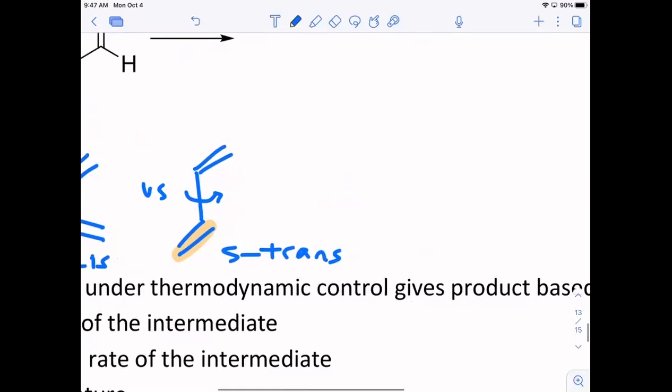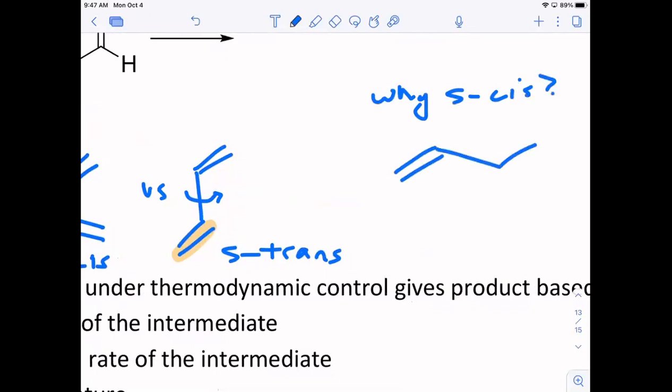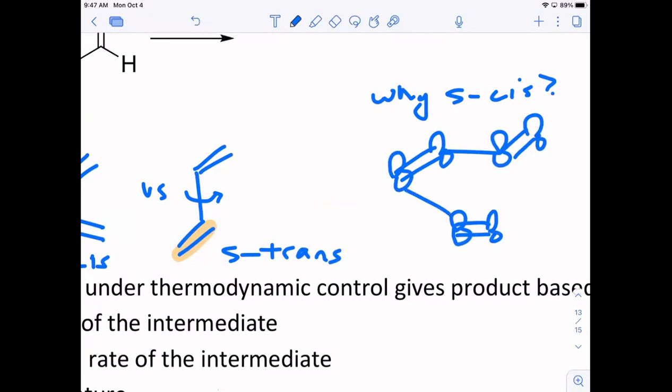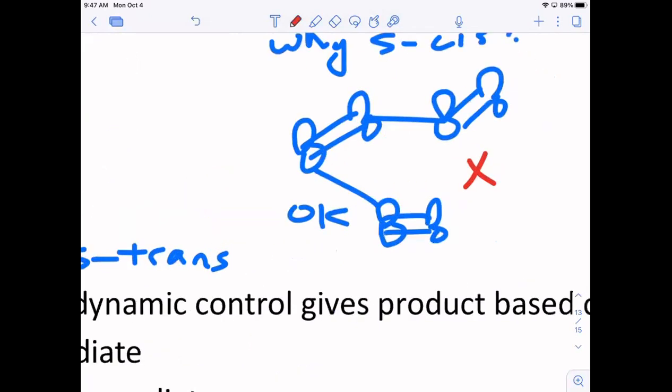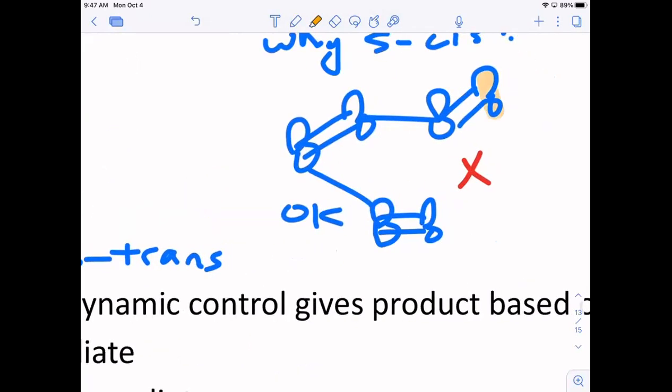Otherwise, when you get to the transition state, if it's S-trans, then your orbitals are not going to line up. So if this is my diene, and this is my dienophile, I can get orbital overlap here, but not here, because this lobe right here is too far away to overlap with this one.